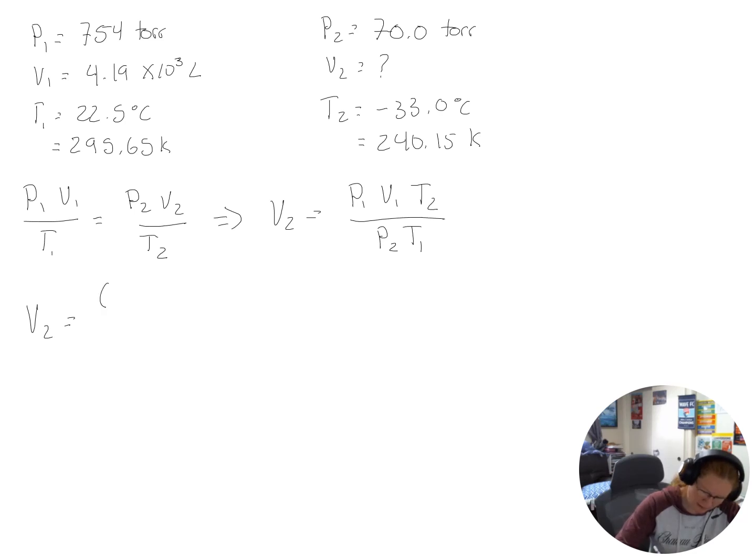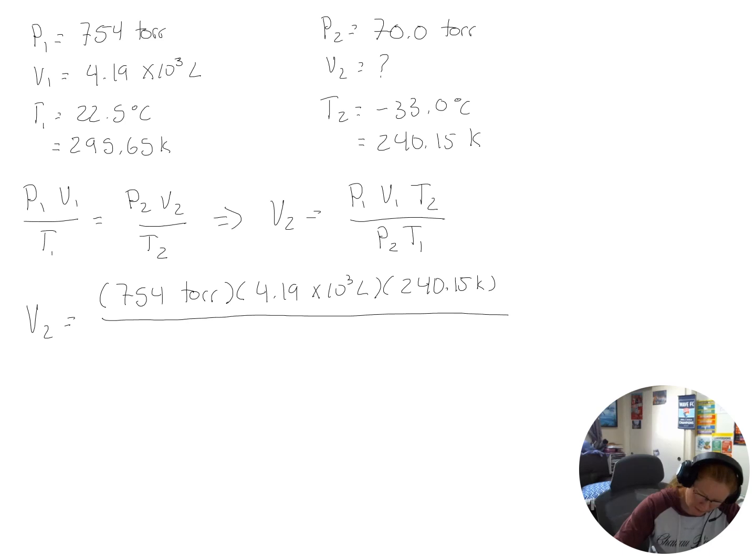Okay, so we're going to get 754 torr, 4.19 times 10 to the third liters, 240.15 Kelvin, over 70 torr and 295.65.